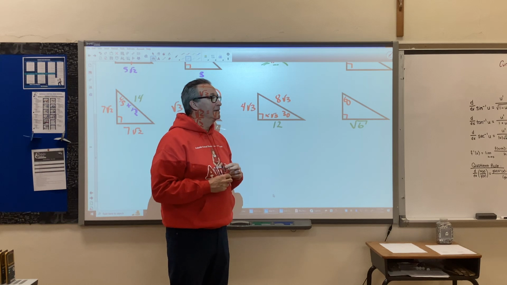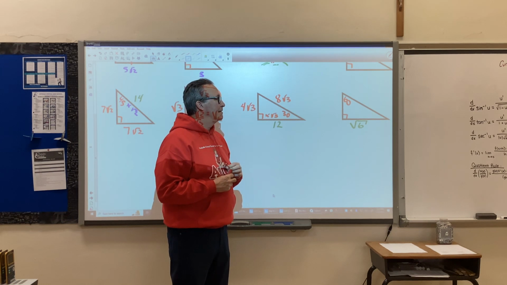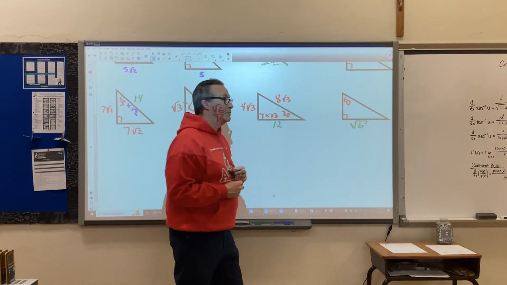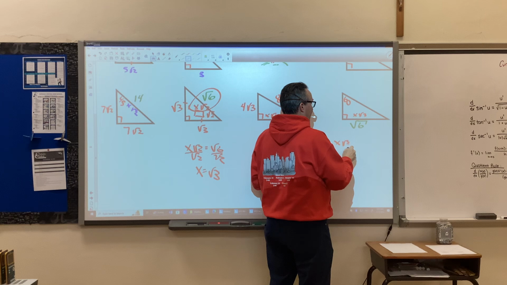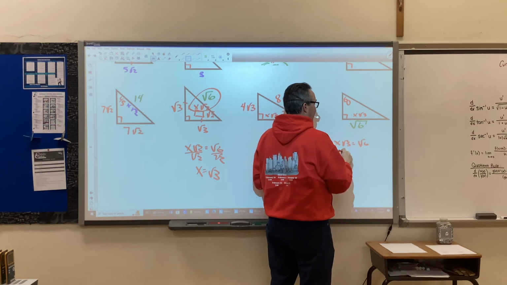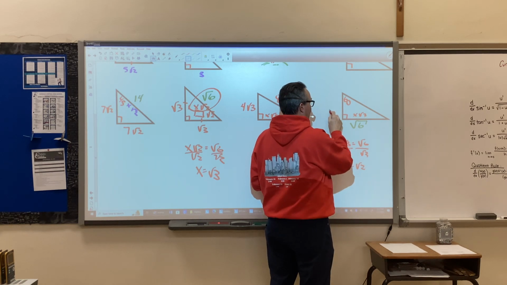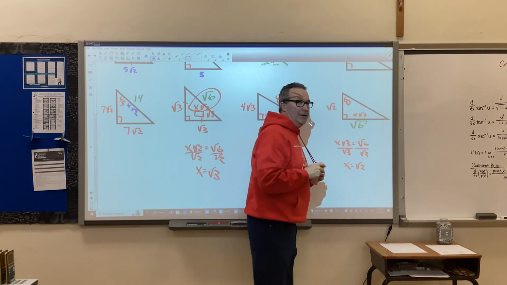Wyatt? The shortest side is square root of 2. Right? This is x square root of 3. So x square root of 3 equals the square root of 6. Just divide by the square root of 3. X is the square root of 2. What about the hypotenuse?